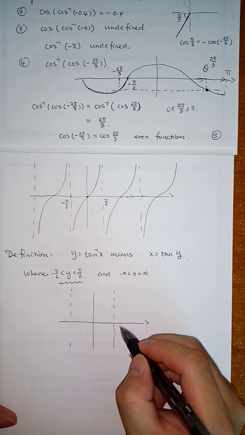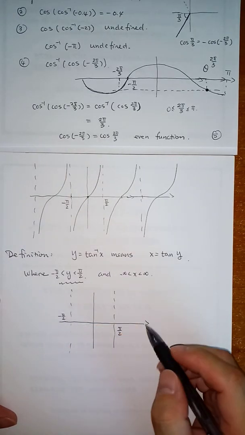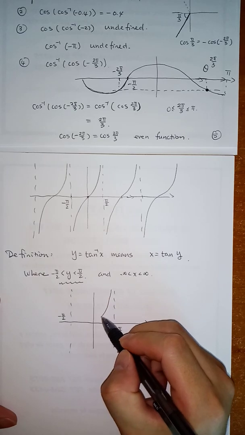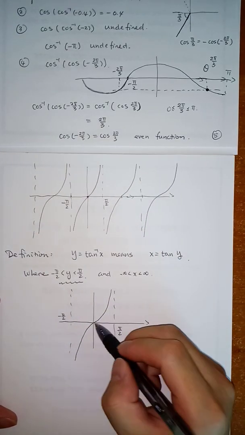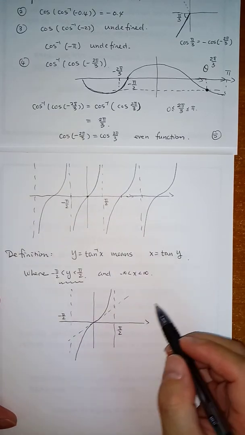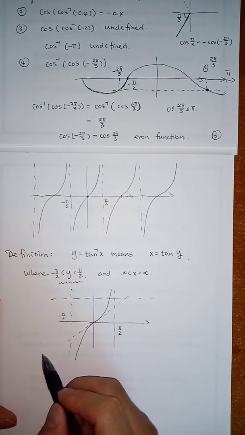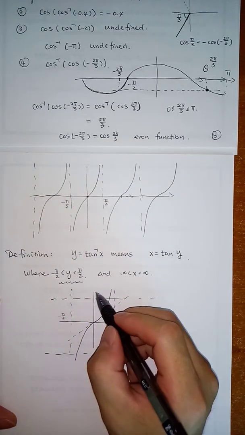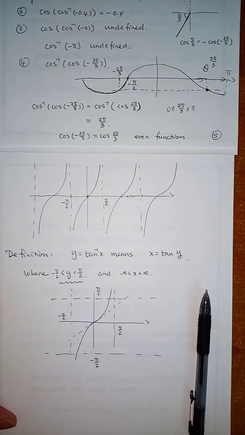Now the graph. With negative pi/2 and pi/2, and the graph of tangent like this, we draw the symmetric curve. First you draw the horizontal lines at pi/2 and negative pi/2.